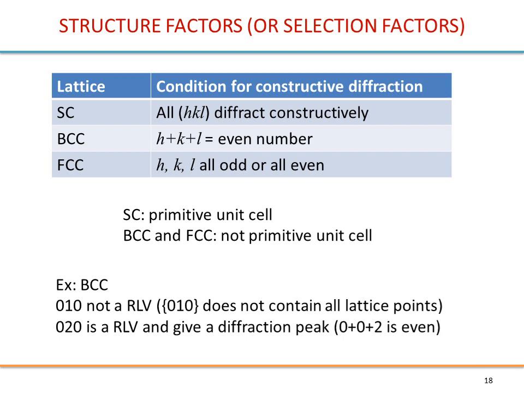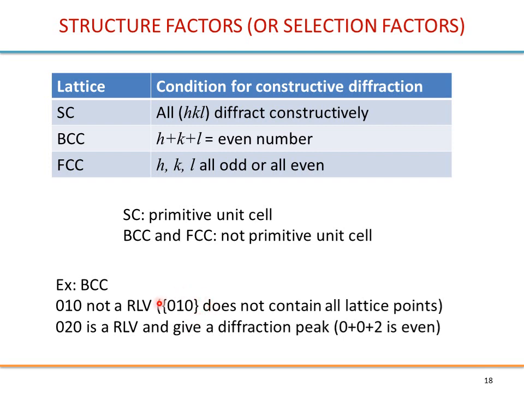Looking at the BCC, if you look at a 0, 1, 0 vector in the BCC, so you use the cubic cell, which is a conventional cell. This is not in fact a reciprocal lattice vector if you use the primitive cell.